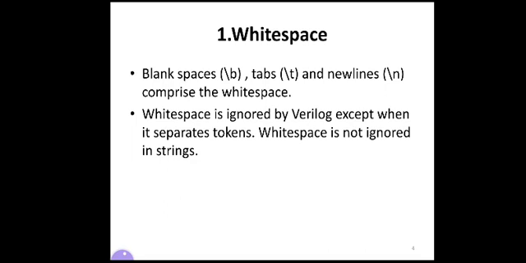White space is ignored by Verilog except when it separates tokens. White space is not ignored in strings. If you use a white space in a string, it cannot be ignored. For example, if you are writing some characters in a string and you use a \n, it goes to the next line.